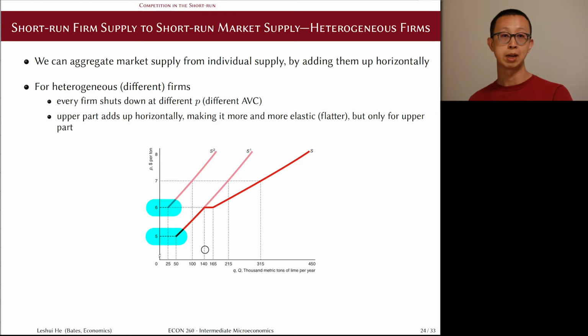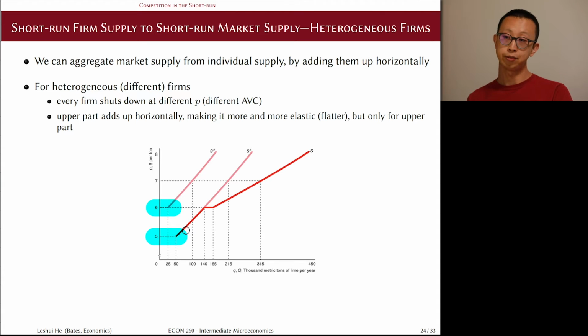So when the market price is above $6, both firms will operate, and the market supply is the sum of both supply curves. But if the market price dips below $6 but still remains above $5, then only firm 1 operates, and therefore the market supply is just going to be the supply curve from firm 1.